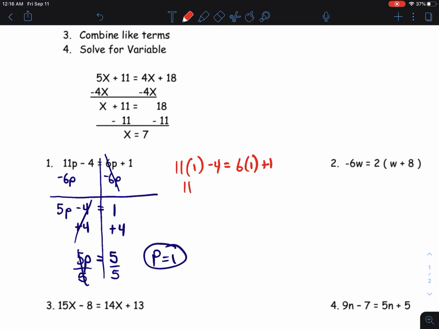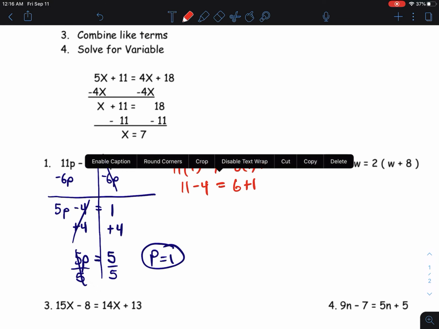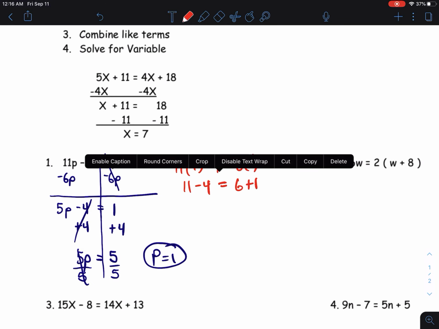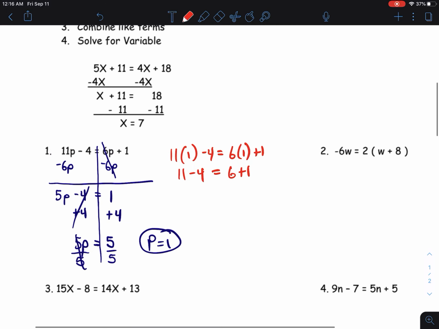So we have 11 minus 4 equals 6 plus 1. 11 minus 4 is 7. And then 6 plus 1 is 7. So that checks out.